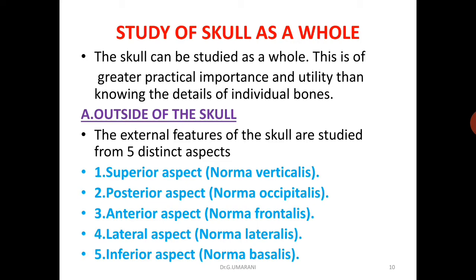The outside of the skull has 5 different views: the superior view known as norma verticalis, posterior view known as norma occipitalis, anterior view known as norma frontalis, lateral view known as norma lateralis, and inferior view known as norma basalis.